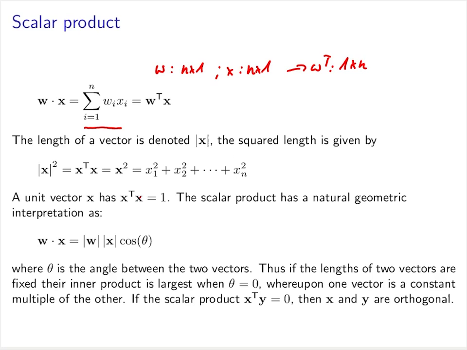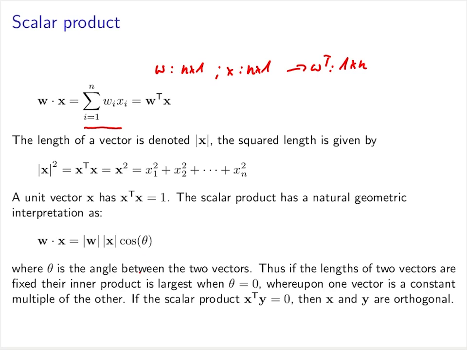The vector x also has a special scalar associated with it, its length, and its squared length is simply the scalar product of x with itself. Then you have this well-known form, and we call the vector x a unit vector if it has length 1.